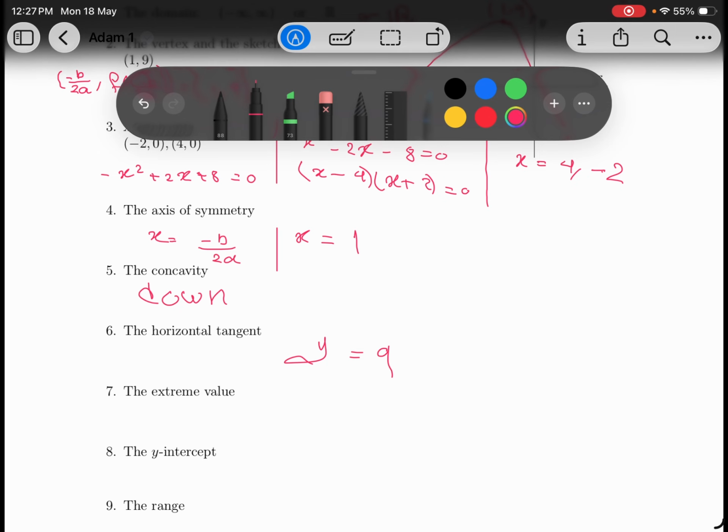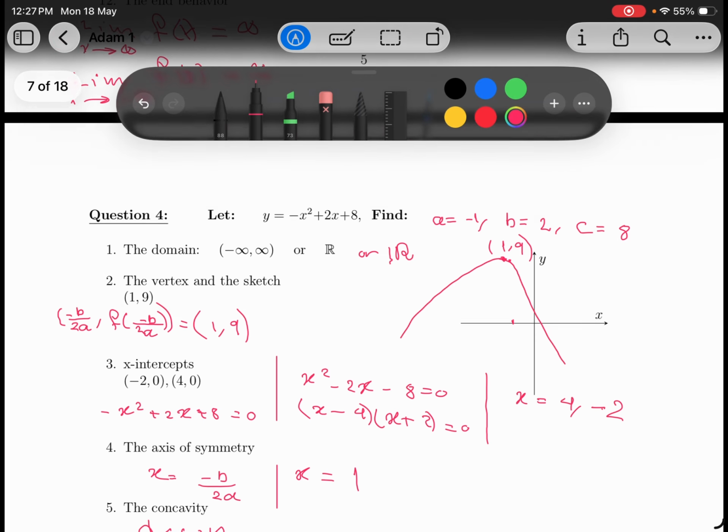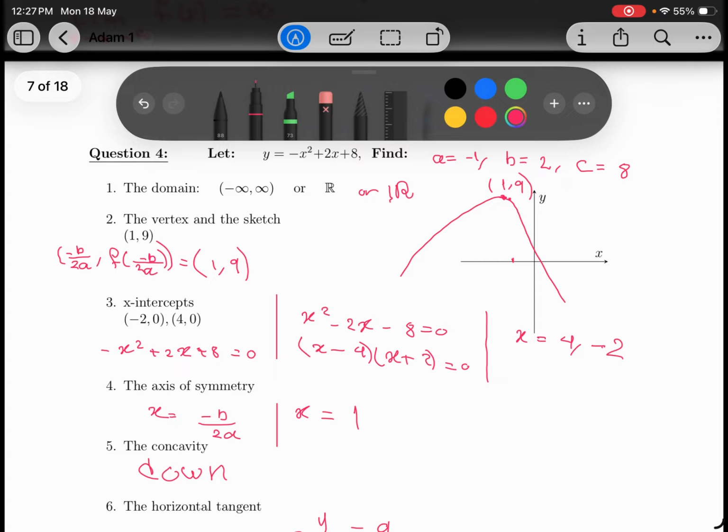And here, guys, the extreme value, look at this here. Here we have top, not bottom. So this point is a maximum, okay? This maximum occurs when x equals 1, and this maximum equals 9. So please, these are very delicate and very sensitive concepts to master.